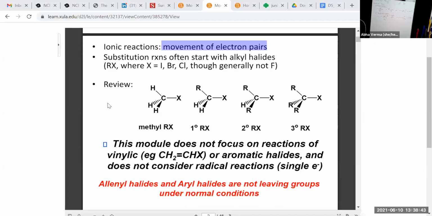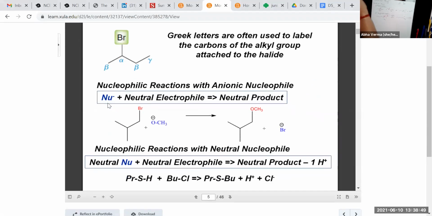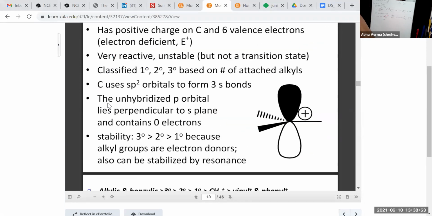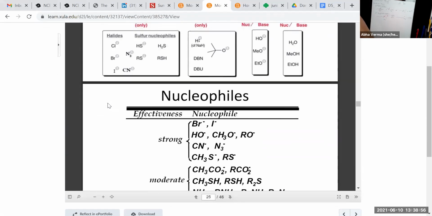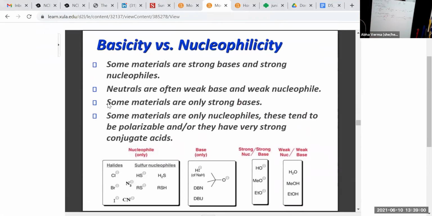Electron rich will be your nucleophile, and this is on our slide 24, I think, or 20. So in our module 3, we had looked at basicity.